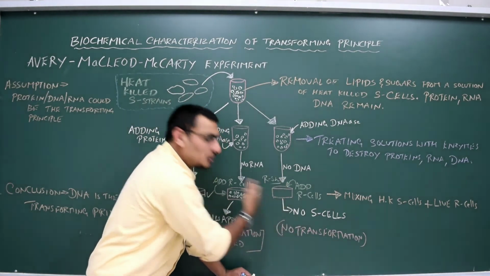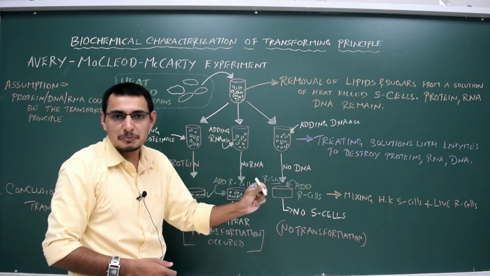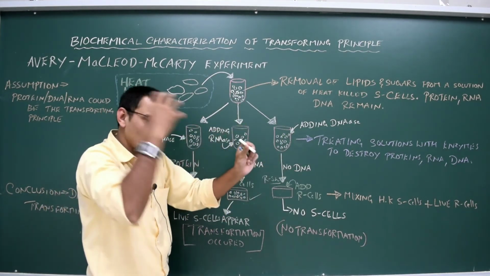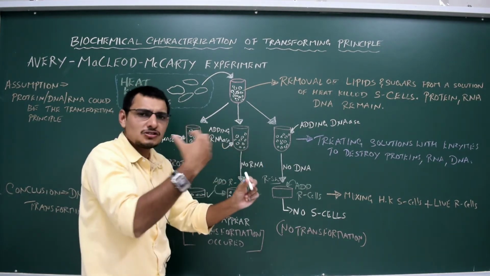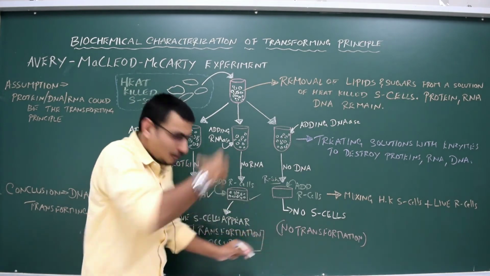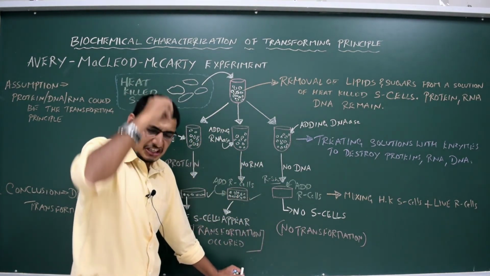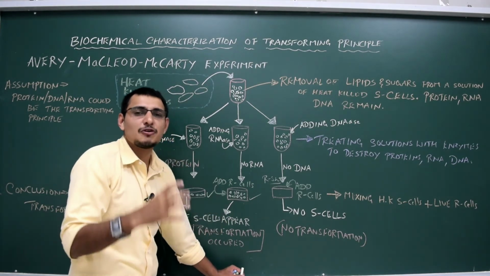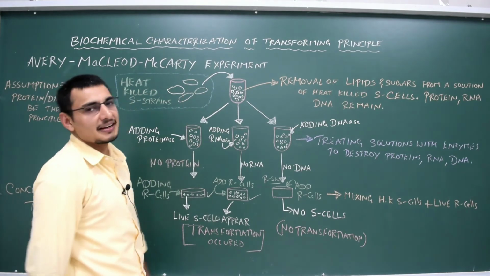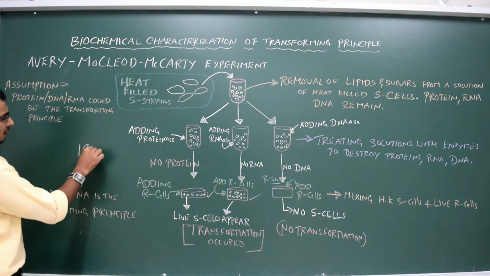So they came to the conclusion that DNA is the transforming principle, which Griffith said. Griffith did not know that it was actually DNA that caused the transformation of R strains into S strains. But because of this experiment, these scientists came to the conclusion that yes, it is the DNA which caused the transformation of the R strain. So this is all about biochemical characterization of the principle, and they completed their experiment by 1944.